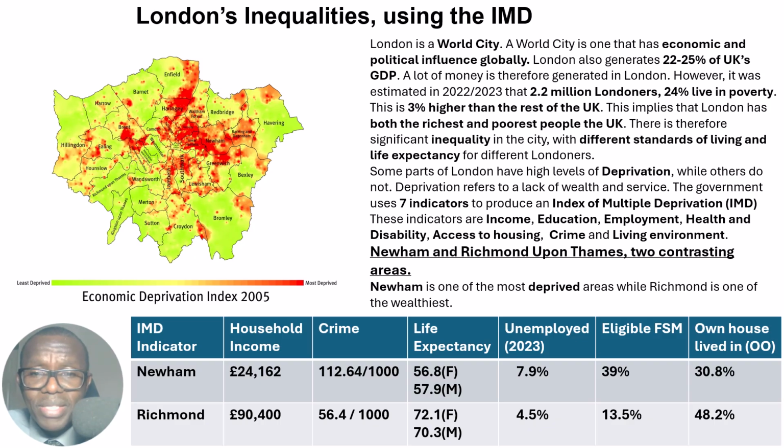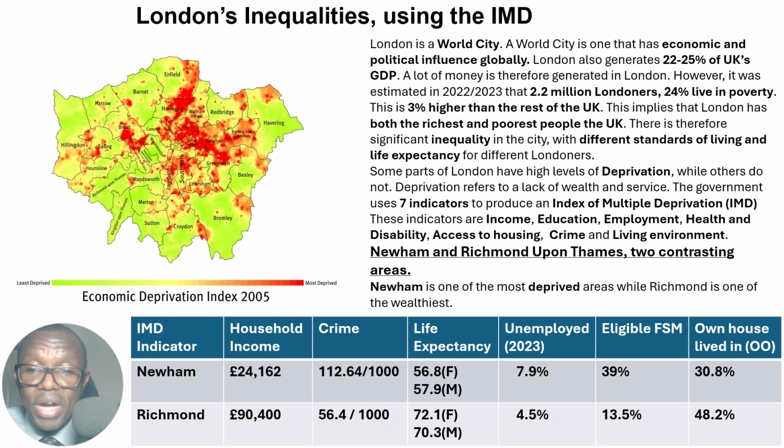This implies that London has both the richest and the poorest people in the UK. There is therefore significant inequality in the city, with different standards of living and life expectancy for different Londoners. Some parts of London have high levels of deprivation, while others do not.